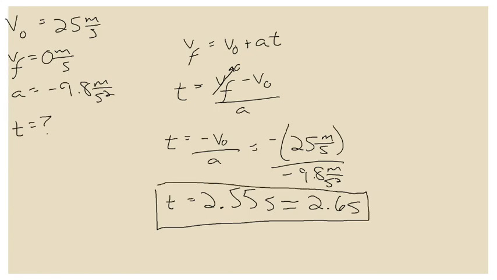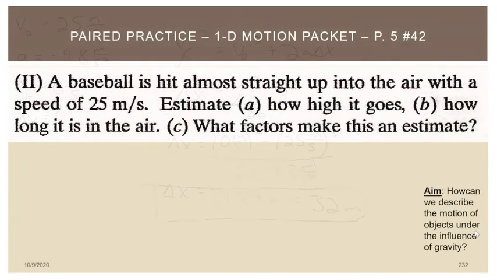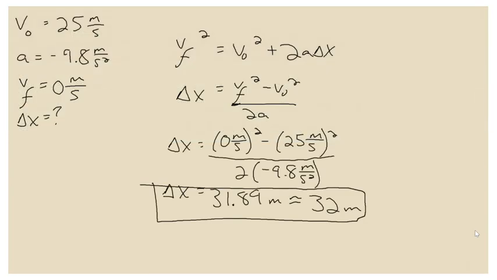That's not the answer, though. That is the time to the max height. That's not what they asked us for. What they asked us for was the total time in air. And the total time in air is just double that.